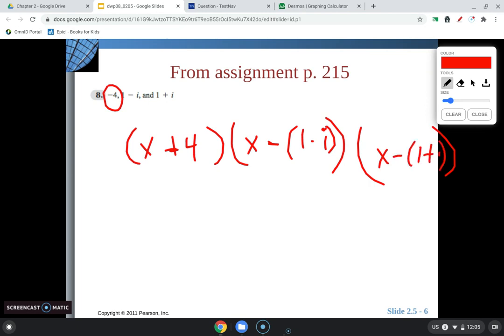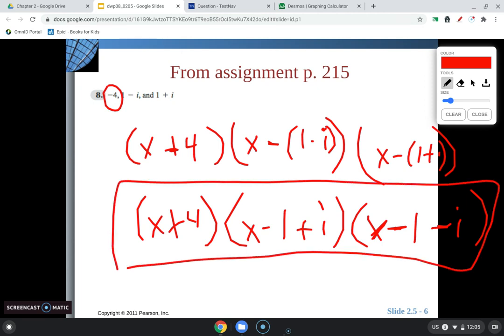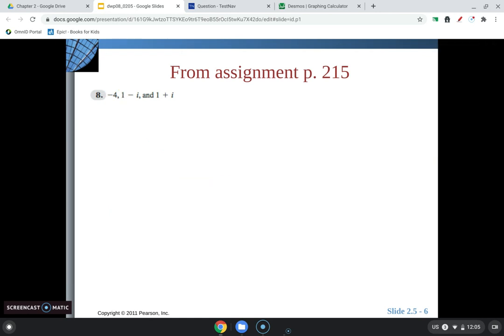But when you end up distributing that, you get x minus 1 plus i and x minus 1 minus i. So if you don't put the parentheses on right away, we will just put these in factored form. We don't need to multiply all those out. So those would be the factored form of the zeros.